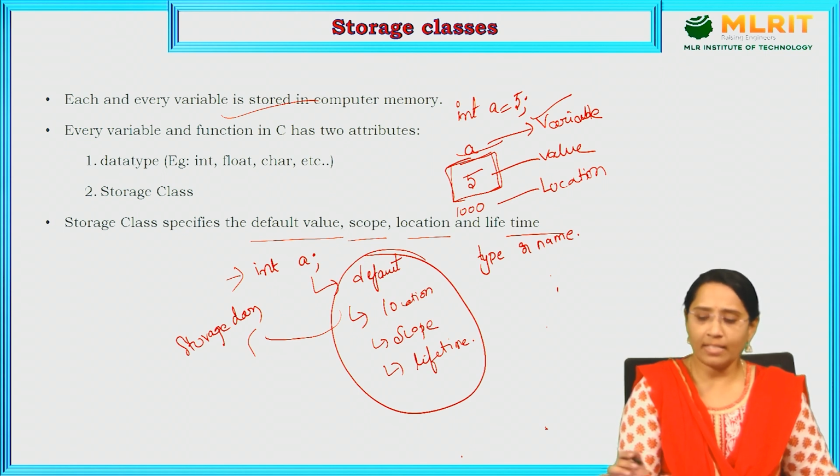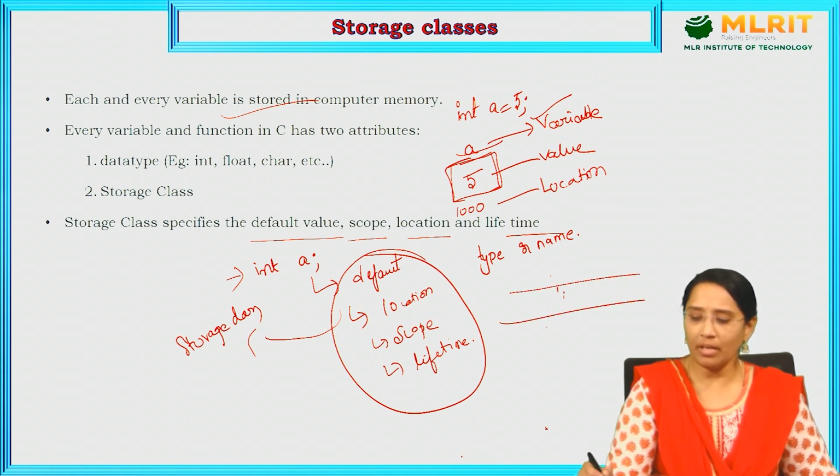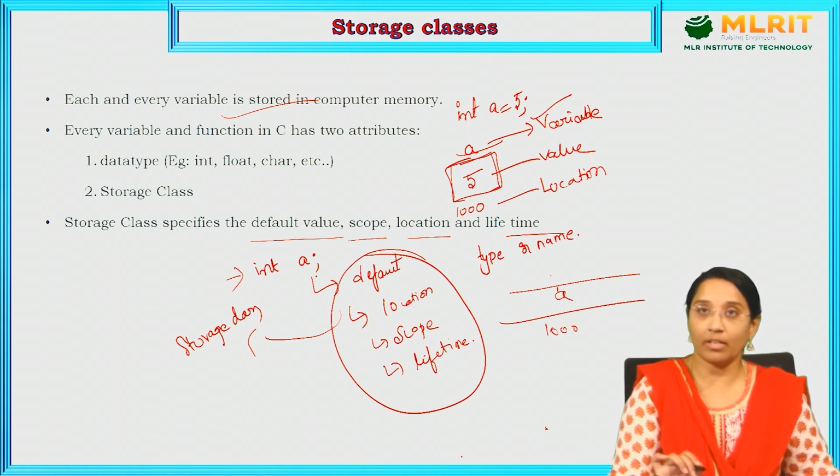Suppose a is a variable that is declared in the memory in some location. What will be the default value if not initialized? This value was not initialized, only declared. What will be the default value, and where will that variable a be stored in the memory? And the scope and lifetime of that variable.